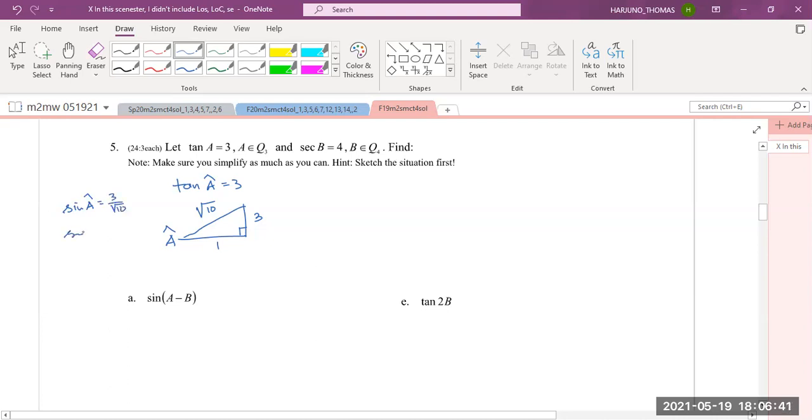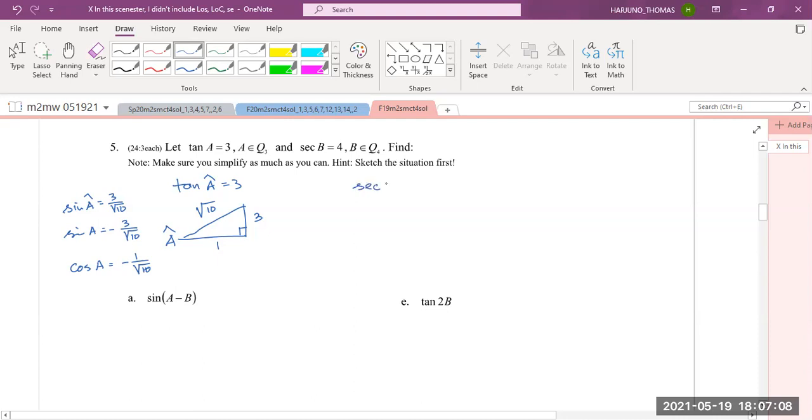In quadrant 3, sine is negative, so sine A is negative 3 over square root of 10. Cosine, in quadrant 3, is negative 1 over square root of 10. So I look at the reference angle first and then see what happens with sine and cosine in quadrant 3.